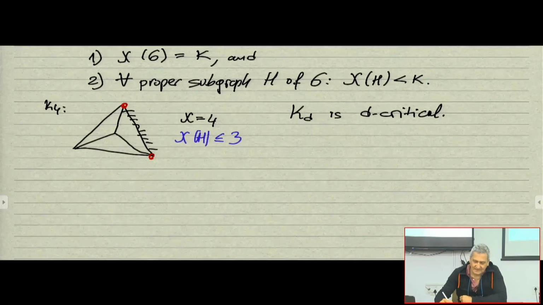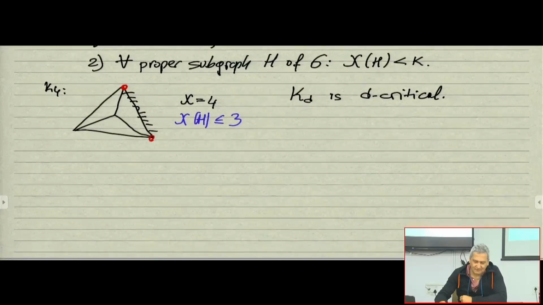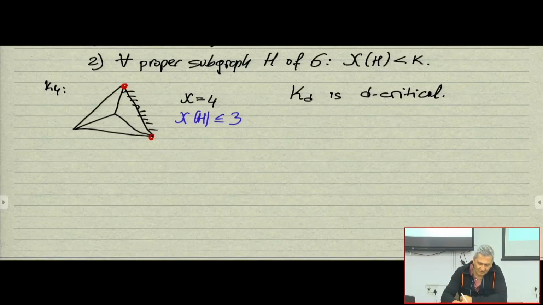Okay, let's see for K1. What is the only critical graph? It's K1. This is the only 1-critical graph. We don't have a subgraph. It uses 1 color.